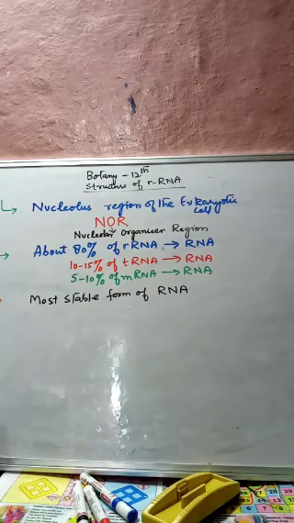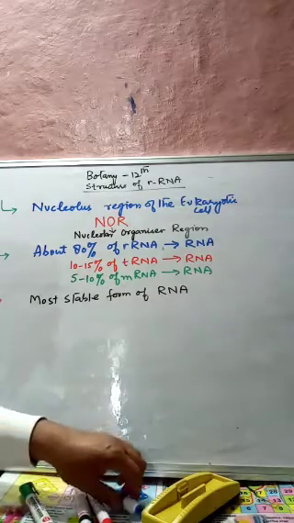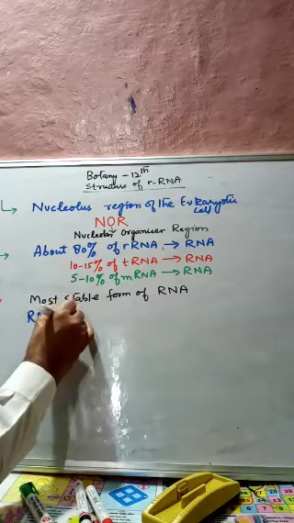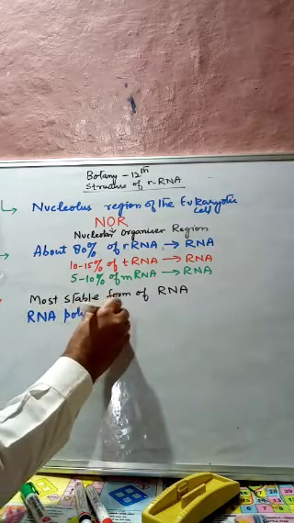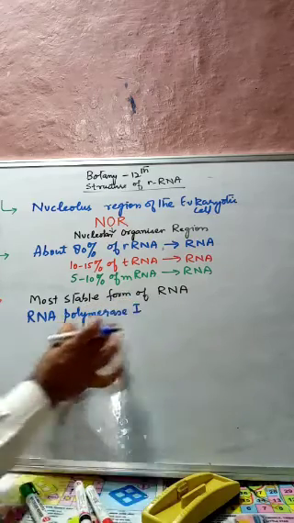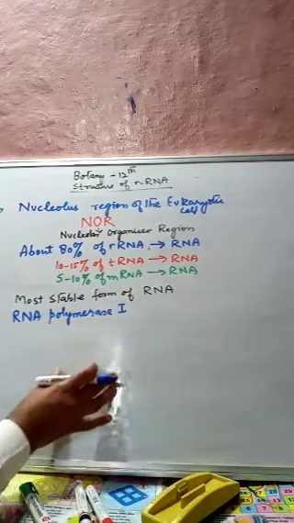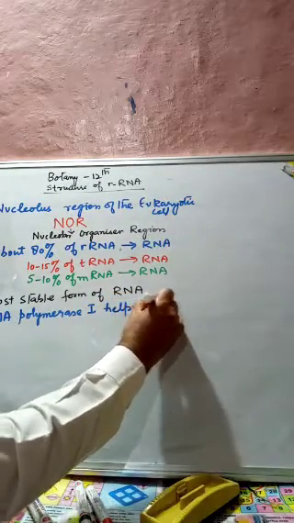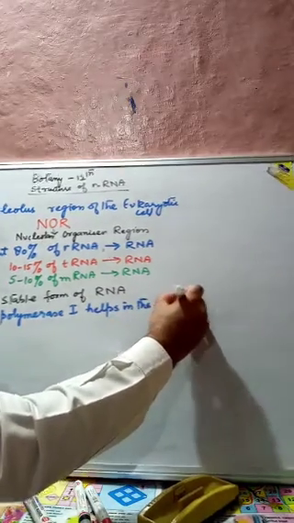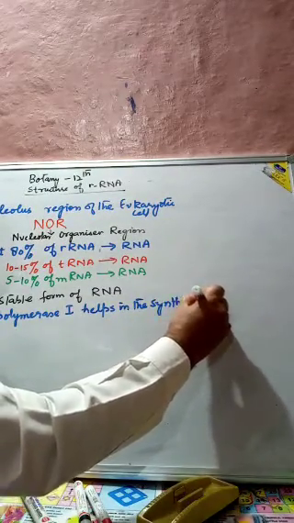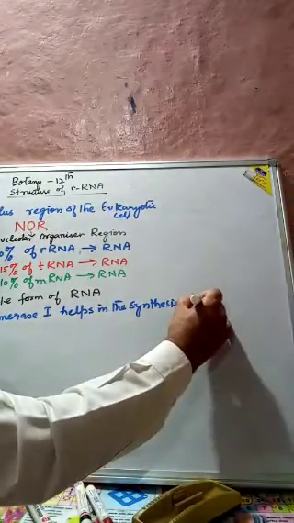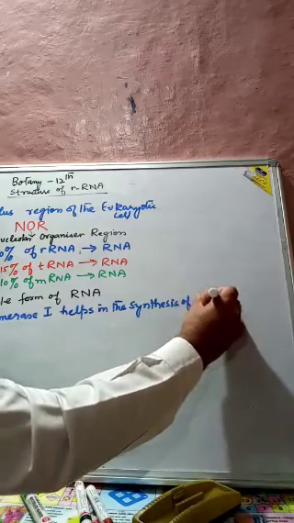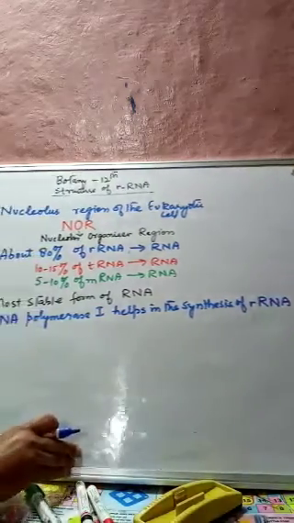Next, another characteristic: we have an enzyme called RNA polymerase. There are three: RNA polymerase first, RNA polymerase second, RNA polymerase third. They help in the synthesis of RNA.